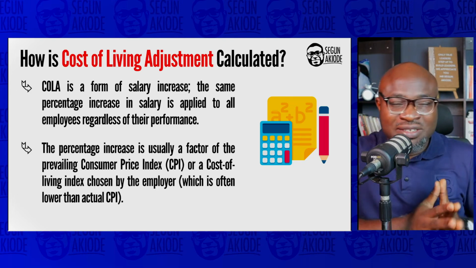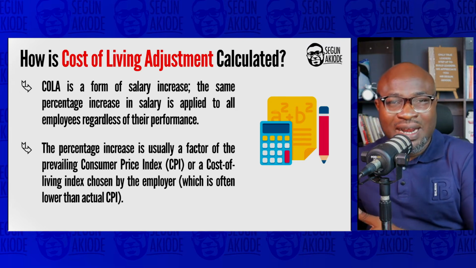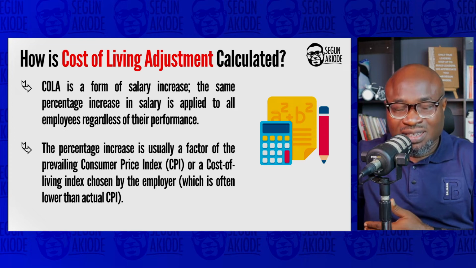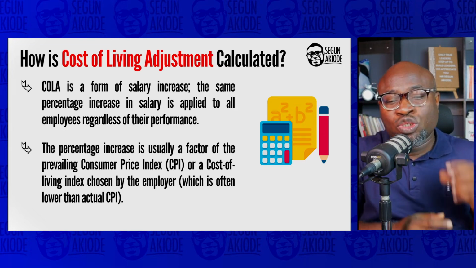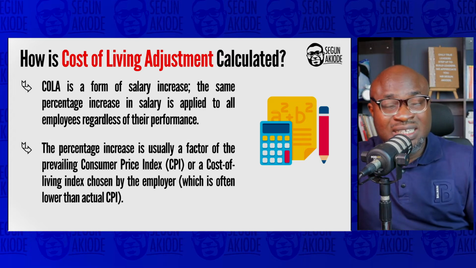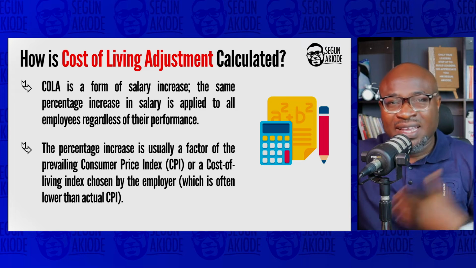The percentage increase is usually a factor of the prevailing consumer price index, CPI, which is talking about headline inflation. Or an organization can also choose to pick a percentage that is lower than the CPI, either higher or using the CPI figure.